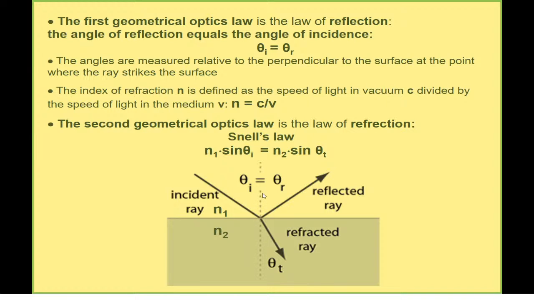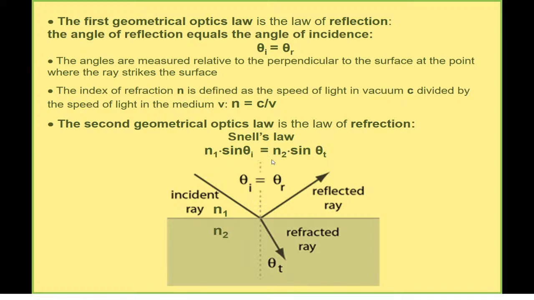We continue the perpendicular crossing the surface separating these two media and go into the second medium, and this becomes one more perpendicular for the refracted ray, and the angle between the refracted ray and this perpendicular is just the quantitative measure of the change of the direction of propagation.